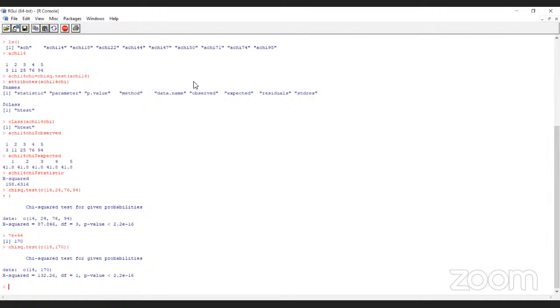If your observations are more than 30, then it is approximately a normal distribution. Is it clear? Yes, sir. So if the DF value is 1, then again there is a high chance of a high chi-square value.